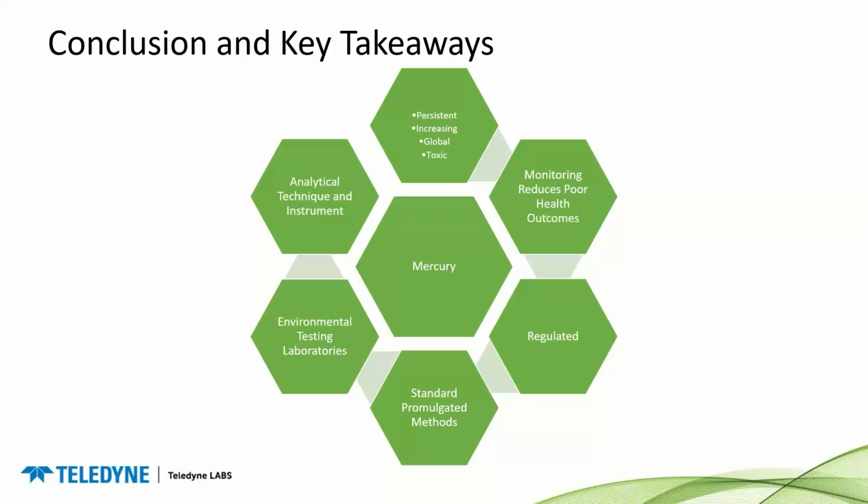Standard promulgated methods are available to help determine if the samples exceed the mercury concentration set by those global regulations. Environmental testing labs play a crucial role in understanding how mercury is cycling through the world. And understanding your lab's unique situation is the first step to choosing the right analytical technique and instrument for your mercury analysis.